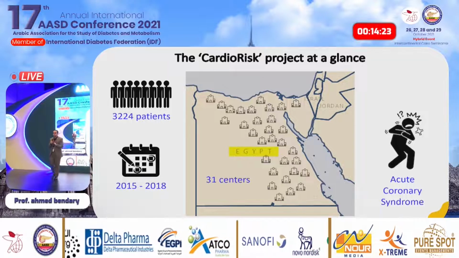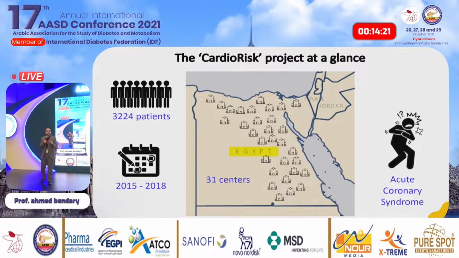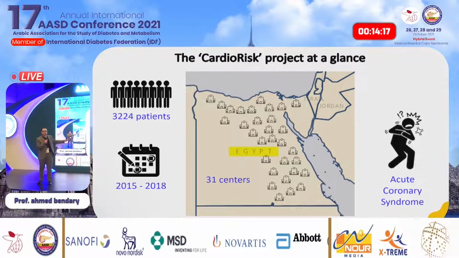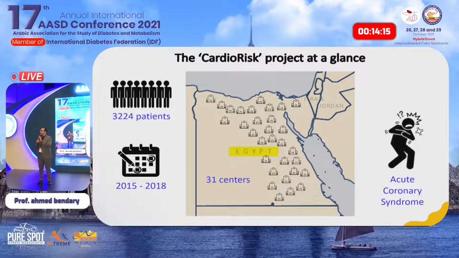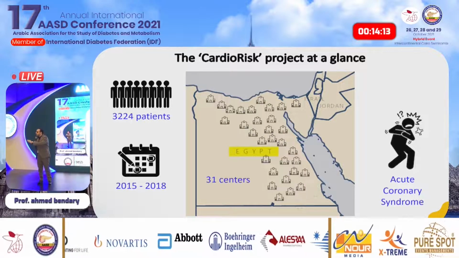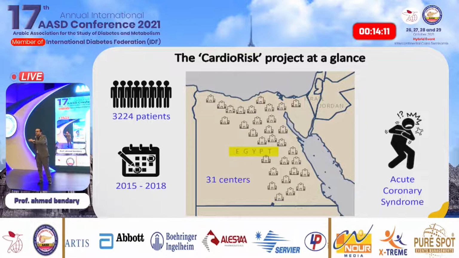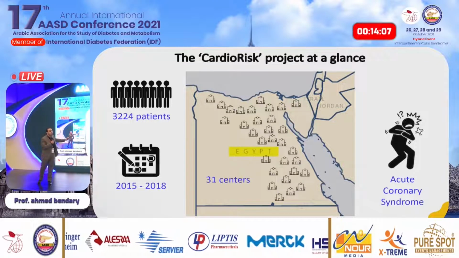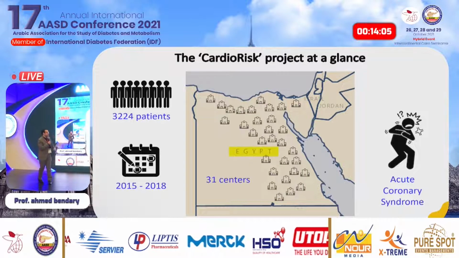If you want any data about the risk factor profile of Egyptian patients presenting with acute coronary syndrome, and you want to dissect the data according to diabetic status, hypertensive status, or dyslipidemic status, this is the way to go. This is a well-calculated sample-sized study.